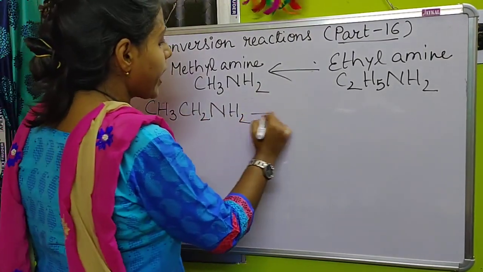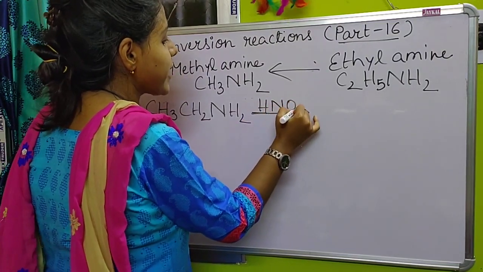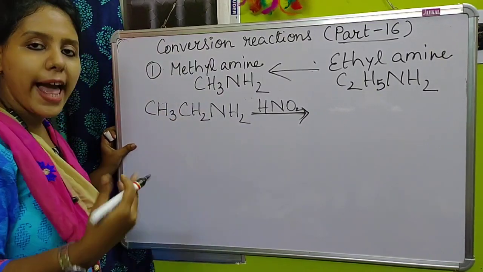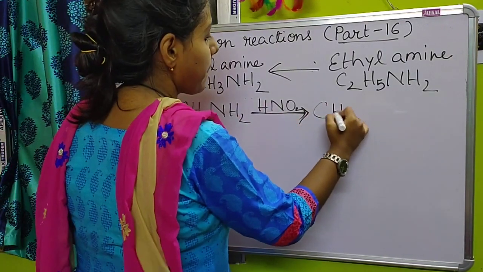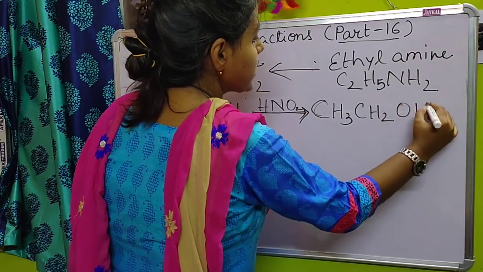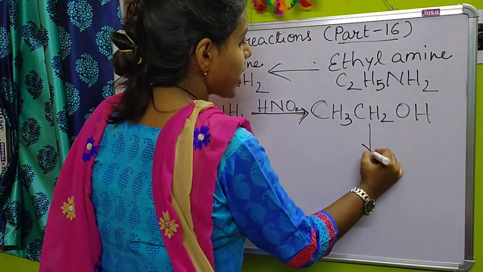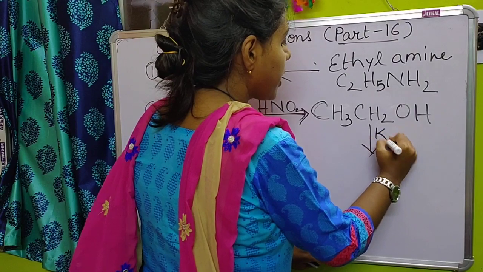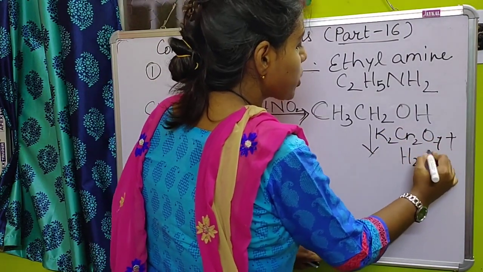Again the initial step will be the same, where we add nitrous acid, HNO2. It will be changed into an alcohol because it is a primary amine, that is ethanol, CH3CH2OH. Next step, we oxidize this compound by adding K2Cr2O7 in H2SO4.